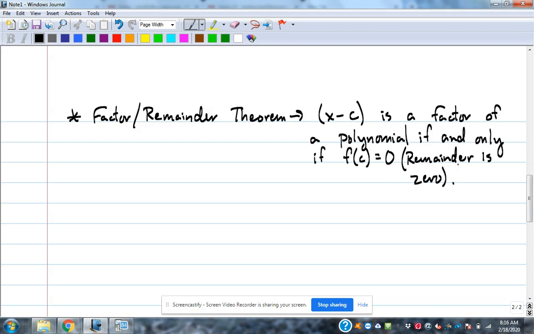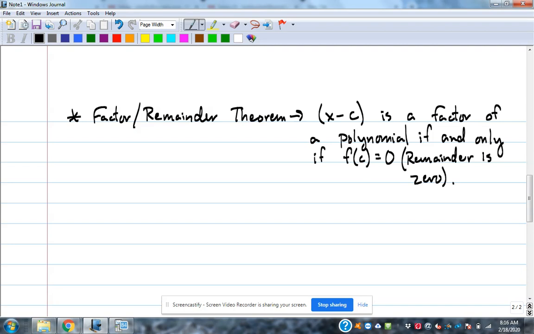Definitely the abridged version of that theorem. The factor and remainder theorem says that x minus c is a factor of the polynomial if and only if, when you plug that c value in, you get a 0 as a result.